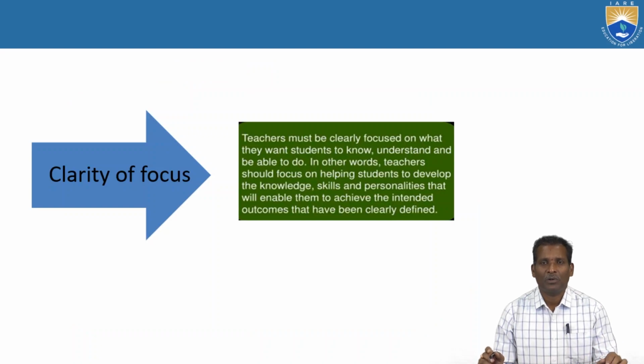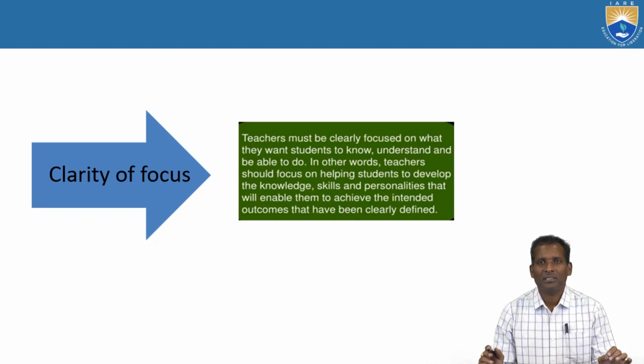First, clarity of focus. Clarity of focus means teachers must be clearly focused on what they want students to know. First, clearly define the outcome, so what they want to know, understand, and be able to do.